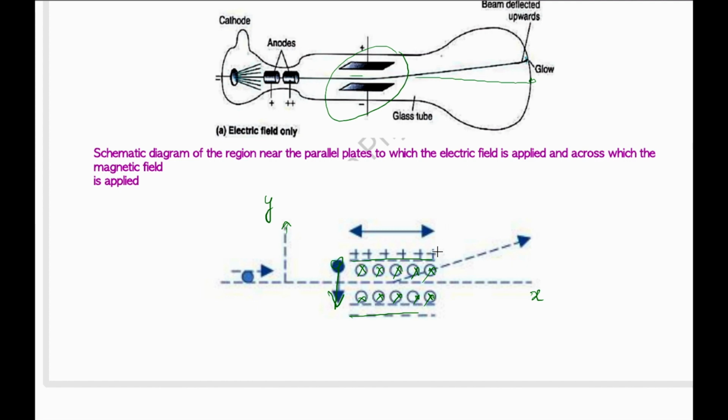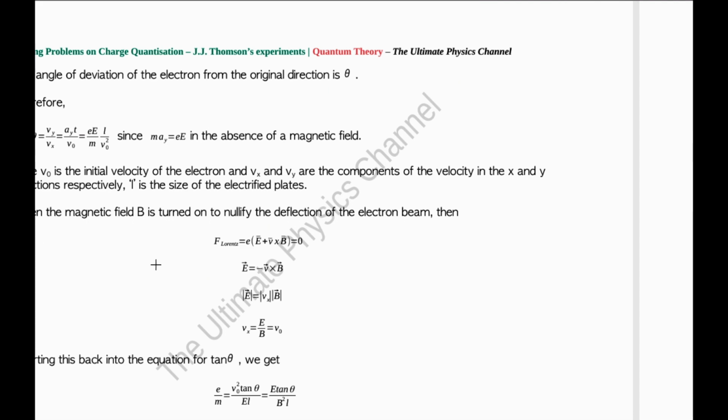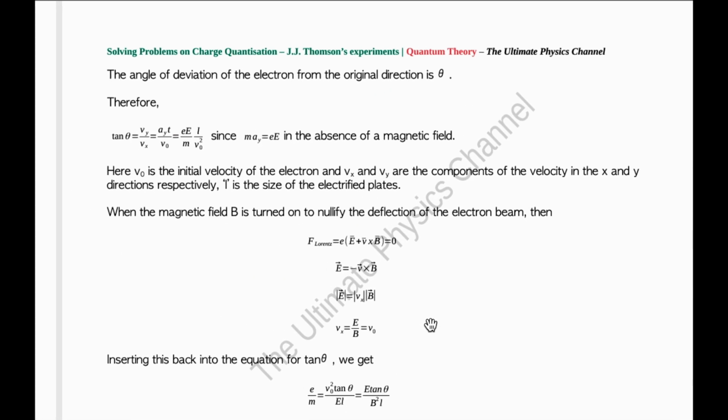And then Thomson carried out the experiment in such a way that by adjusting the magnetic field, he was able to bring the electron beam back to its original undeflected position. That is the whole essence of this experiment. And this ensured that he was able to study the properties of the cathode rays or the electrons.